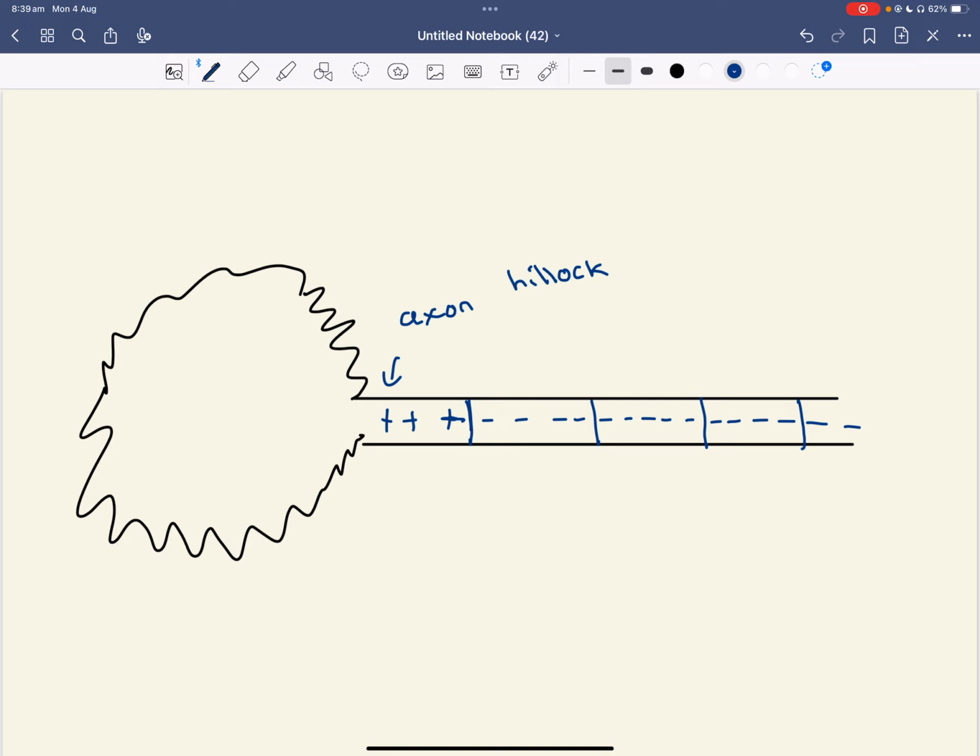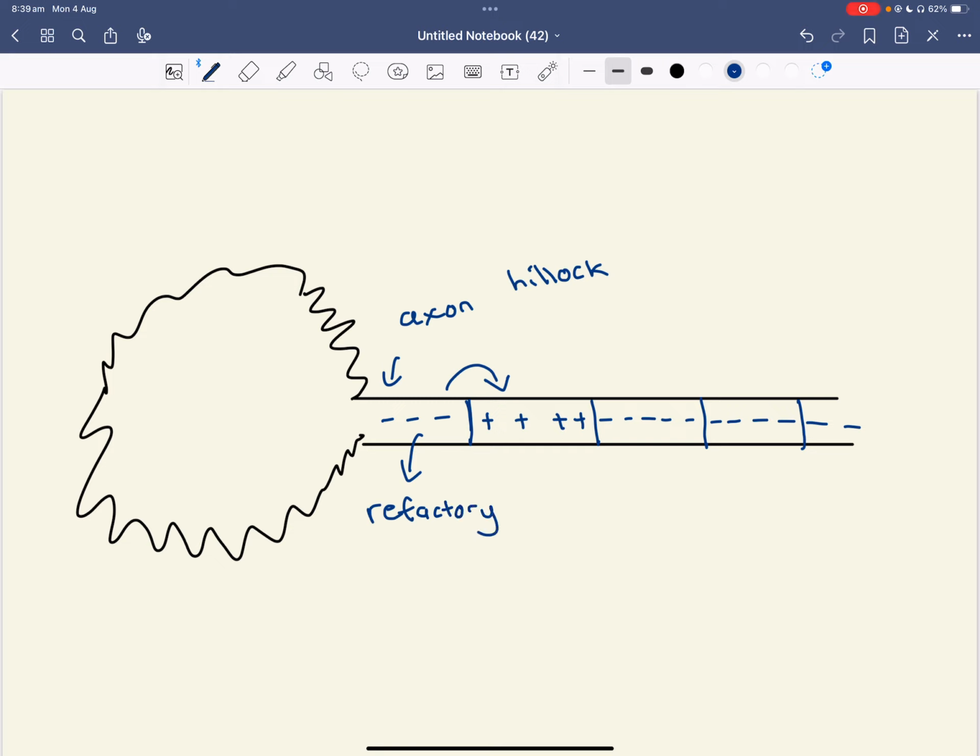And it will cause the neighboring area to be more positively charged, so it's like a chain reaction. But when this area becomes depolarized, it will then enter the refractory period and be repolarizing.